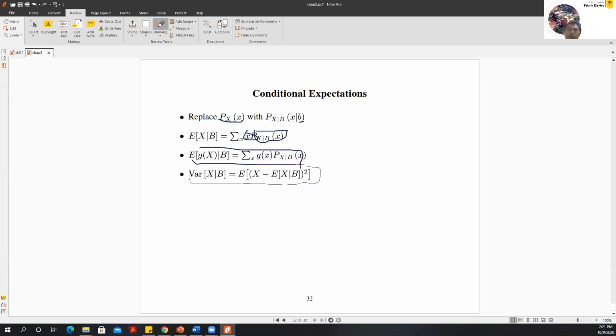And for its variance, it's like this. Actually, this expected value comes from this one. And this x is really a random variable. Okay. Any questions?